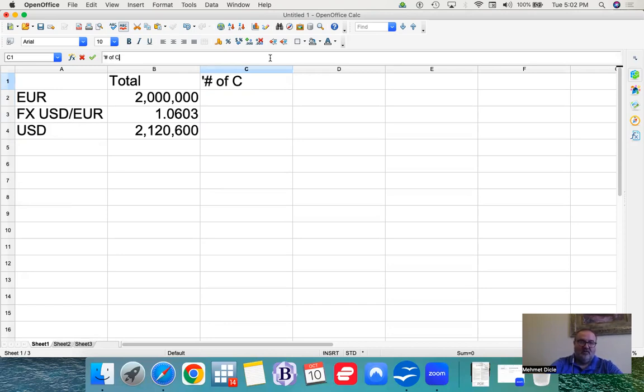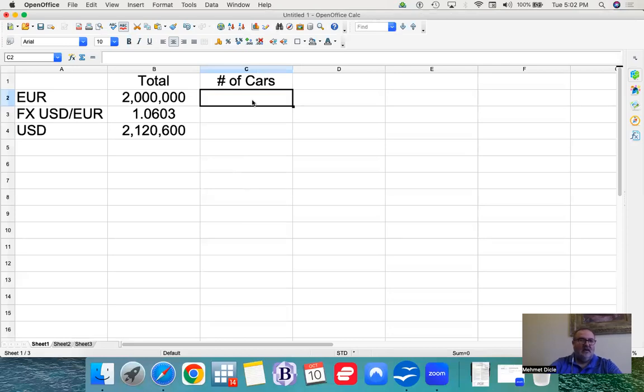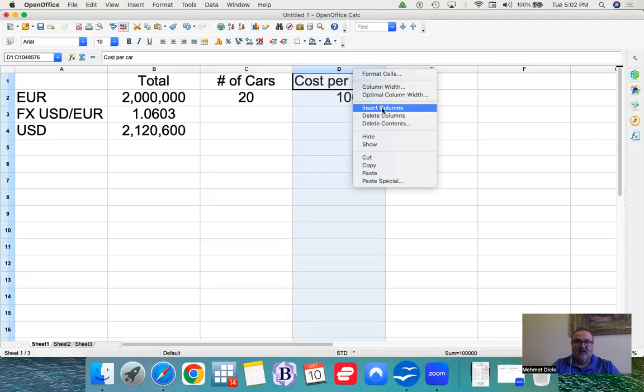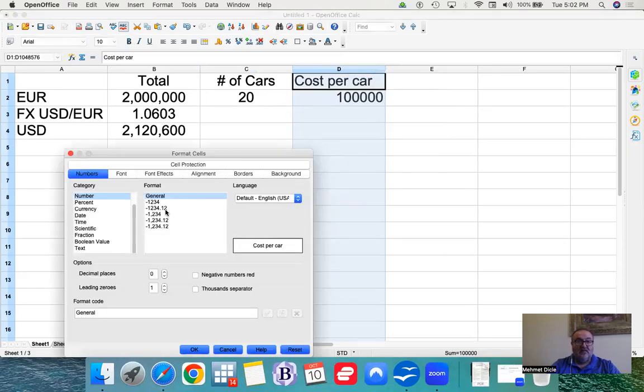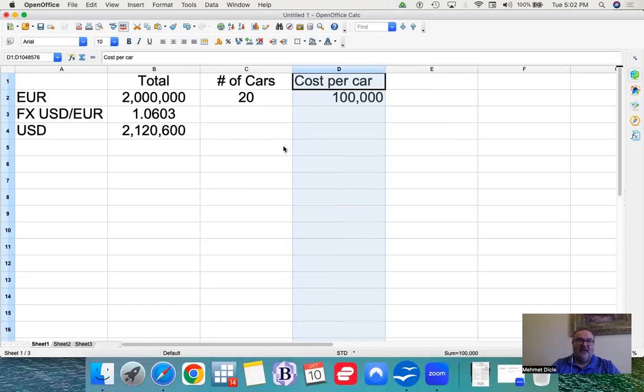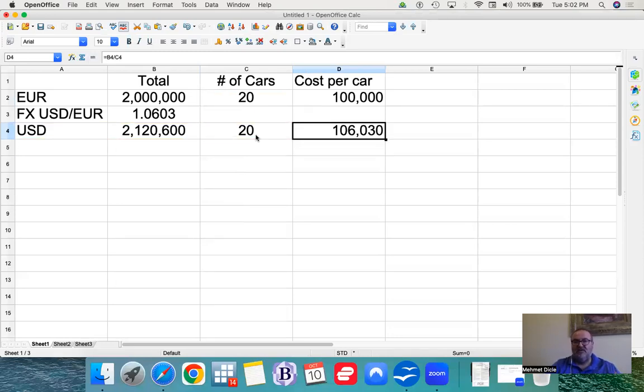Let's just say that we're going to be importing 20 cars, and cost per car is this divided by 20, and that's about 100,000 euros. So at that exchange rate, we're going to be having 20 cars. And if we actually sell these cars in US dollars, we're going to be selling them for $106,030.